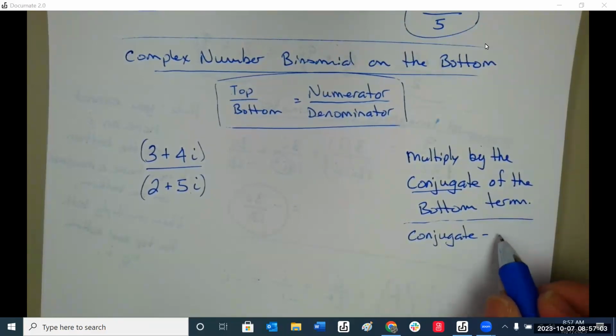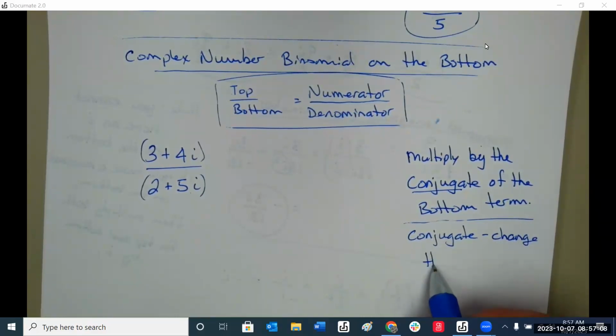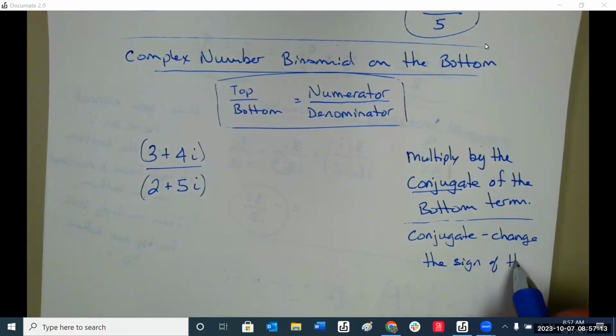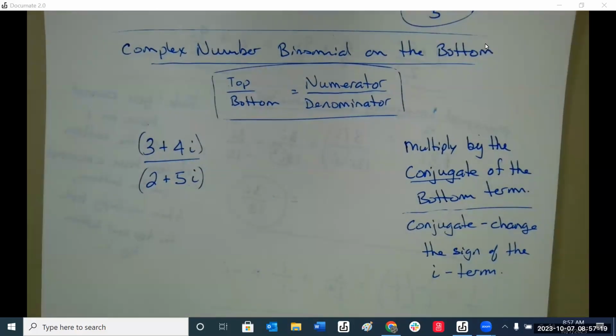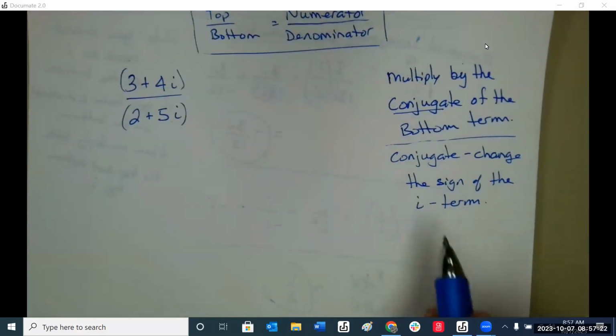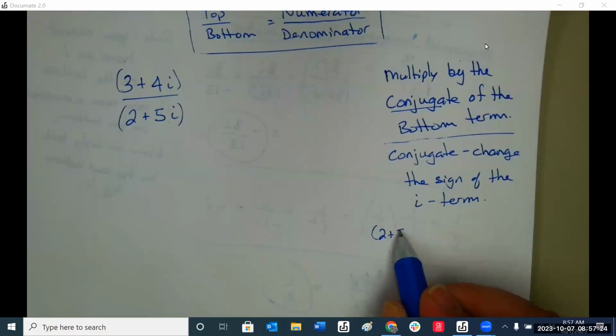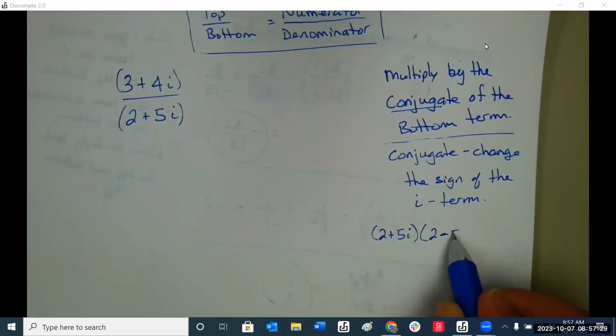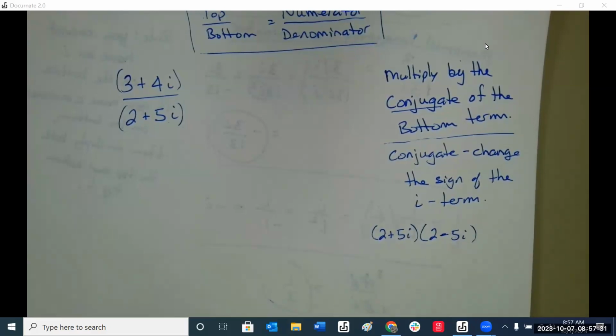Conjugate is simply change the sign of the I term. So if we had 2 plus 5i, we would multiply by 2 minus 5i. Just change whatever the sign is in front of the I term, change it to the opposite sign.